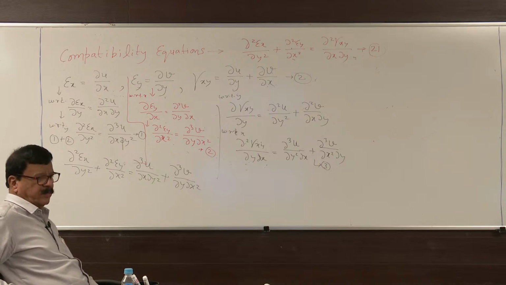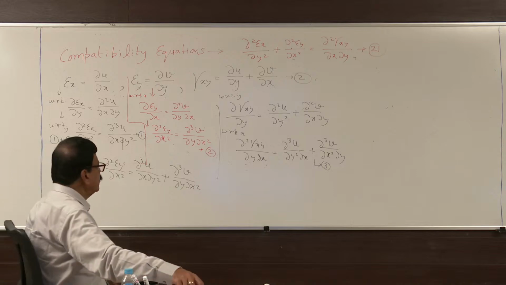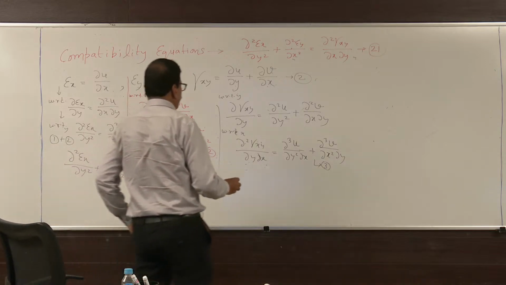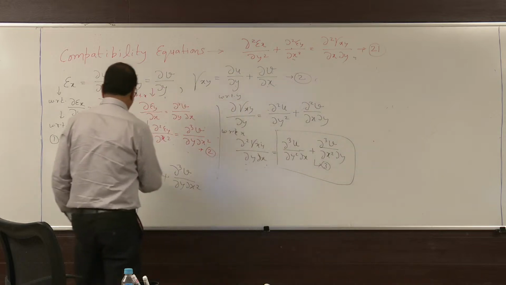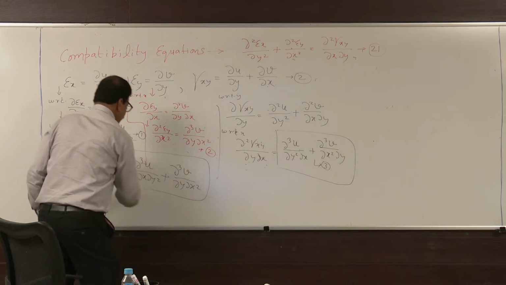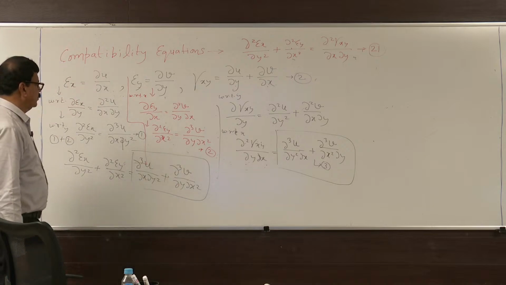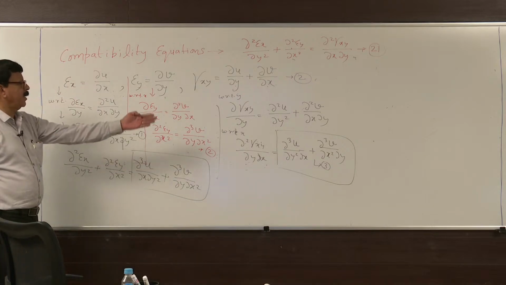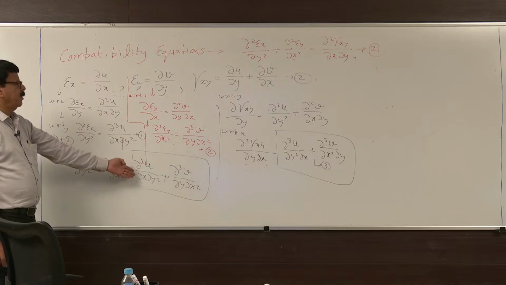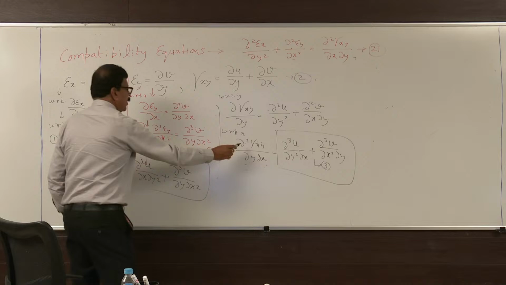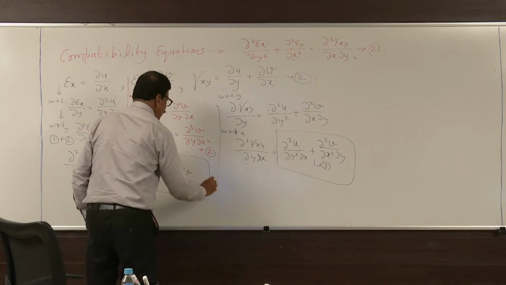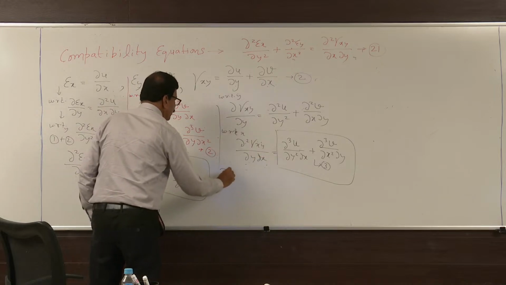Sir, x square and y square. No, means this we are getting here, the same thing. The same thing we are getting here like this. So you can replace this by this because this is equal to this.